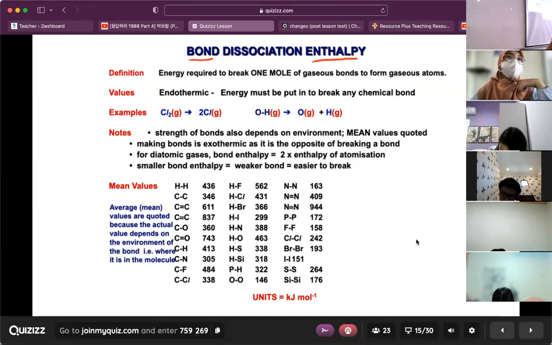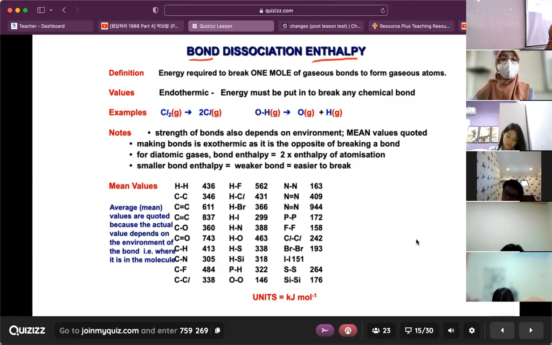Okay, so there are many methods to calculate the enthalpy change. The previous one, the total enthalpy change of products minus the total enthalpy change of reactants, is the first method. This is the second method: you can break down the bonds of compounds, and later on you can calculate the enthalpy change of reaction.